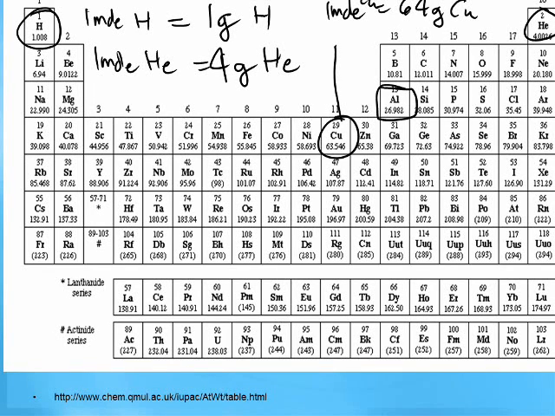Aluminum: 1 mole of aluminum is 27 grams. 1 mole of phosphorus is 31 grams. 1 mole of chlorine is 35 grams. 1 mole of tungsten is 184 grams. Or if we want to get specific, we can say 183.84 grams.